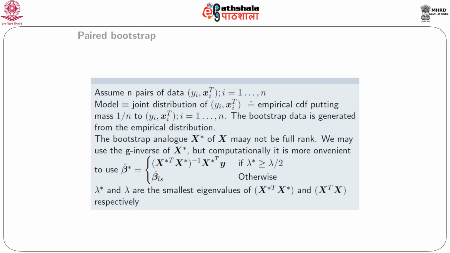But it is more computationally convenient to use the form beta hat star is equal to (X*^T X*) inverse X*^T y if lambda star is greater than or equal to lambda by 2. Otherwise, use the normal beta hat least square.